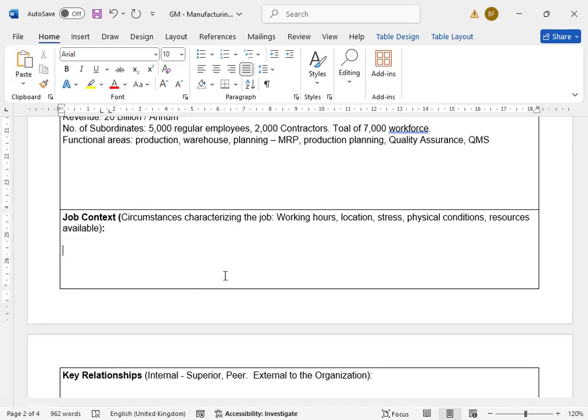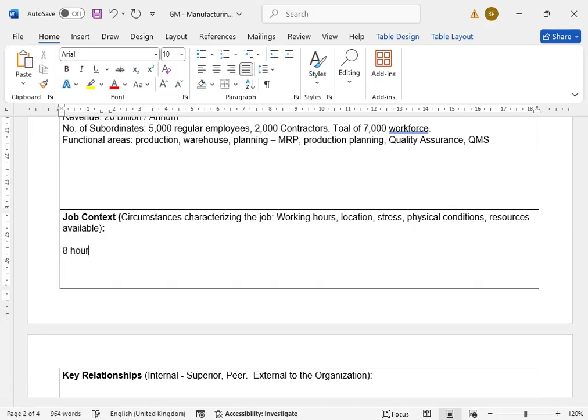Maybe there is a staff house or manager's house built by the company so that accommodation is close to the plant, and also family accommodations. And is the job very stressful? What about the physical conditions of the job, and the resources available?